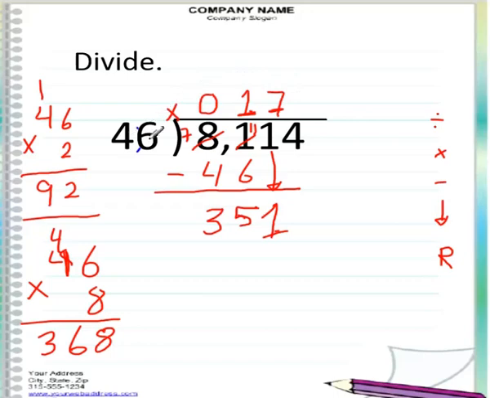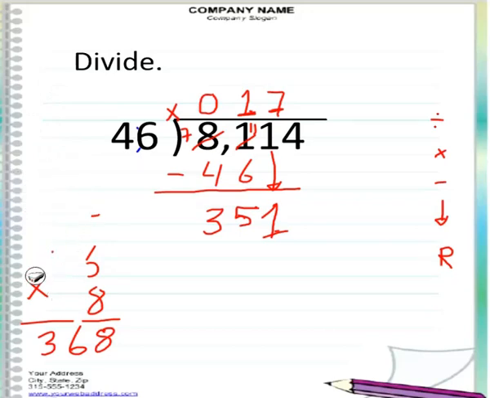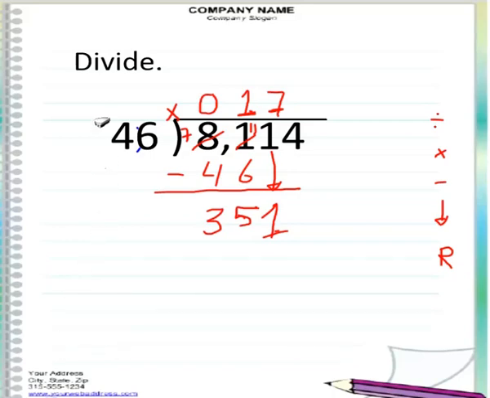Now I will multiply 7 times 46. I will erase these numbers. Okay. 46 times 7. 7 times 6 equals 42. 7 times 4 equals 28 plus 4 equals 32.